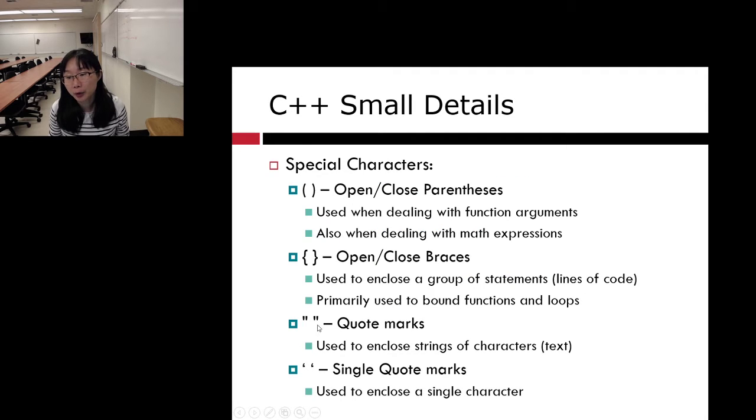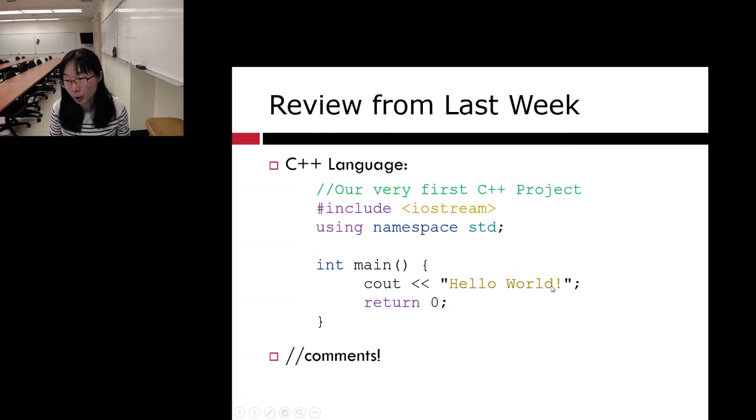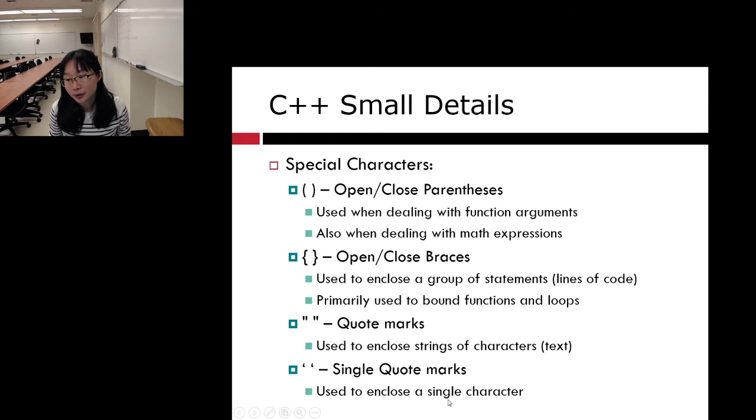Also, we have quote marks, either double or single. The double quote marks are usually used for a string, for example here, hello world is a string, so I'm using double quotes. If you only have one letter, a single character, then we use a single quote.